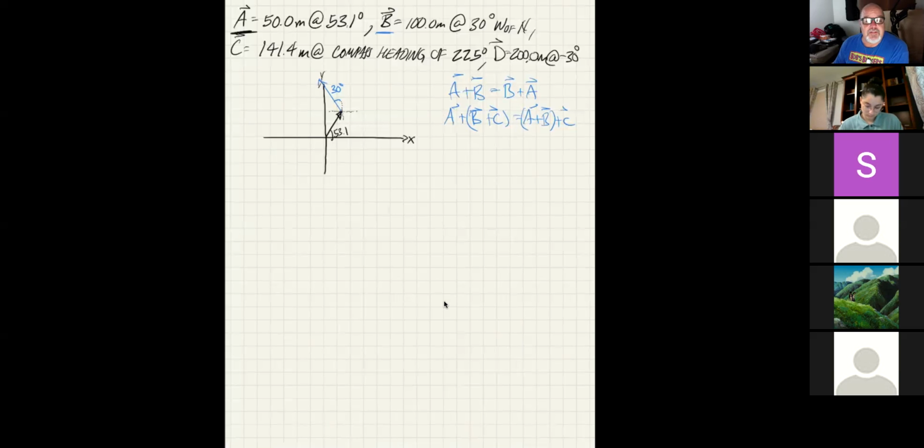Now vector C is going to be 141.4 meters, which is almost 3 times as big as vector A, and it's going to have a compass heading of 225. Well, I know 0 is up, 90 is in the positive x direction, 180 is in the negative y direction, and then if I add 45 to that, I get 225.